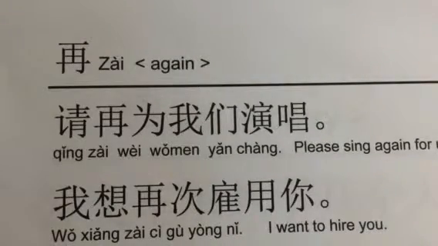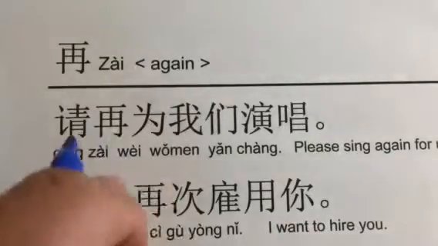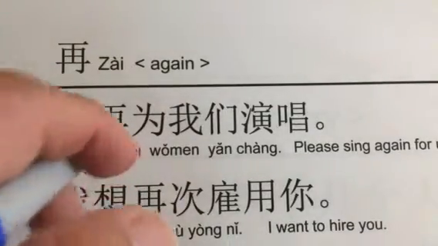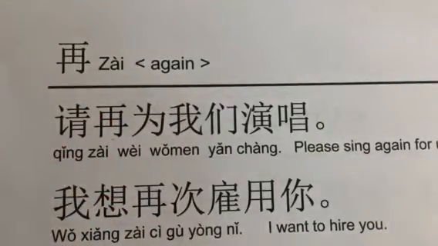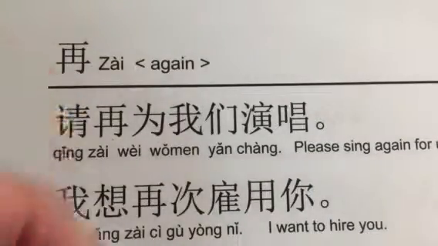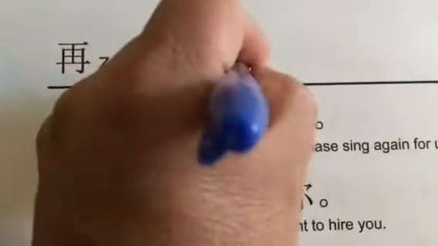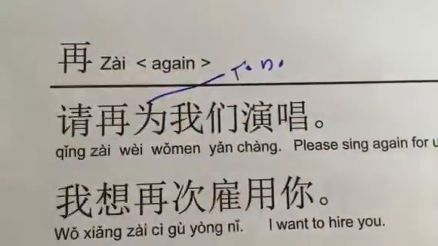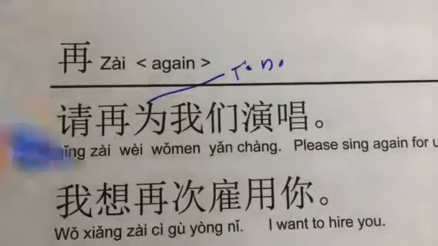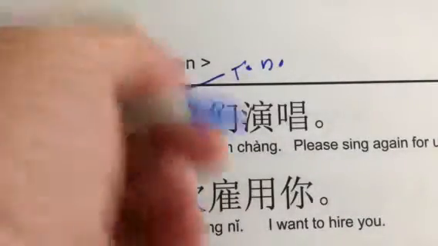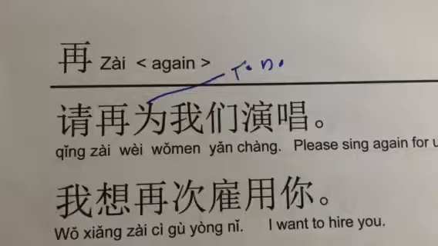I'm not a very good singer, so you don't want to ask me this. Where is our character? Our character is right here. That's the Zai character. Please again. Wei means to do. To do. 亲在为我们演讲, it means to sing.